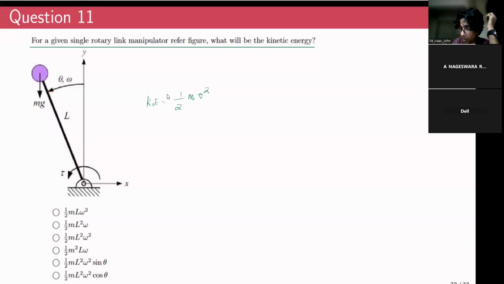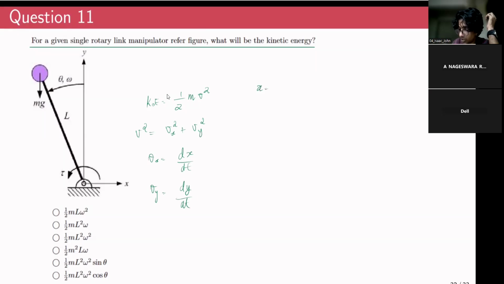Velocity is nothing but, if you decompose v square as vx square plus vy square, what is this Vx? Vx is the derivative of the x position with respect to time, and Vy is the derivative of the y position with respect to time.